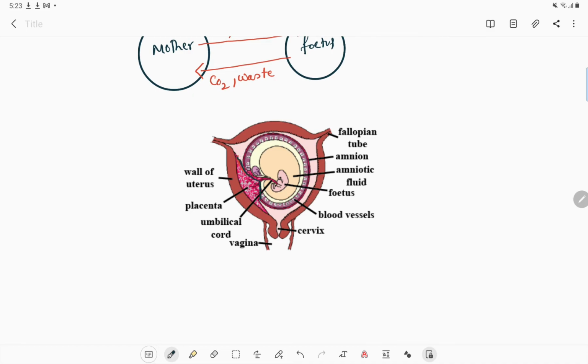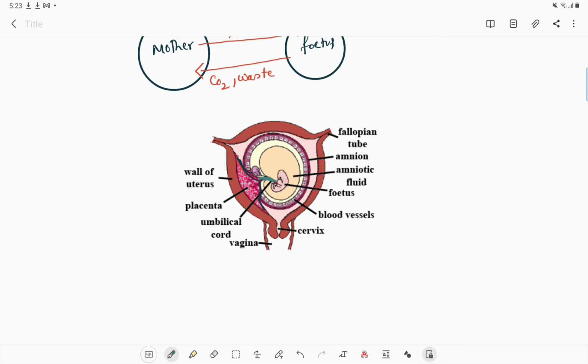You have to remember one thing, that the placenta is formed by both maternal tissue and fetal tissue. And the placenta is connected to the fetus by the umbilical cord. This umbilical cord is the connecting link between the placenta and fetus.